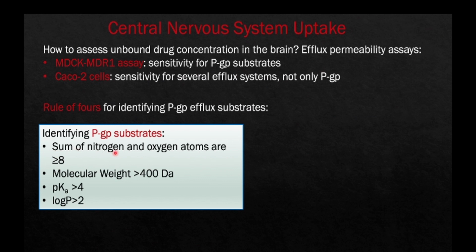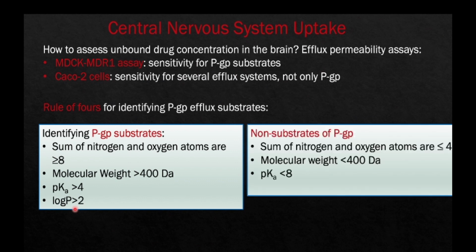There's a sum of nitrogen and oxygen atoms which is either equal to or greater than 8, a molecular weight of greater than 400 Daltons, a pKa of greater than 8, and a logP of less than 2. For non-substrates of P-glycoprotein, there's a sum of nitrogen and oxygen atoms which is less than 4, a molecular weight of less than 400 Daltons, and a pKa of less than 8.